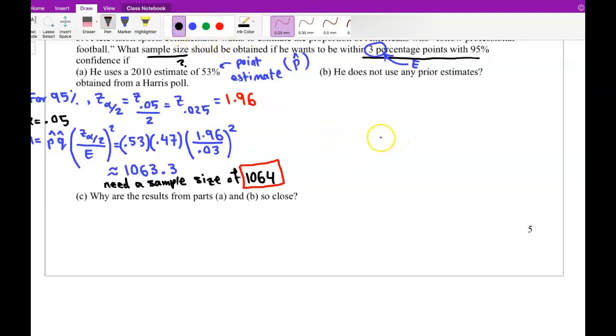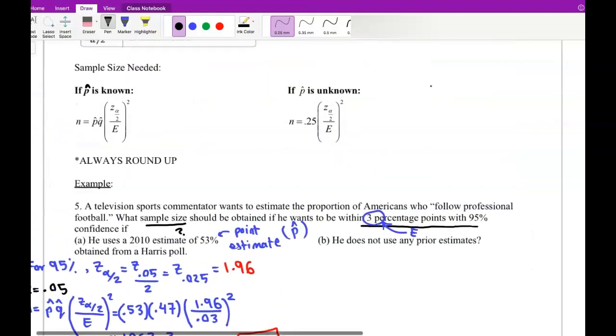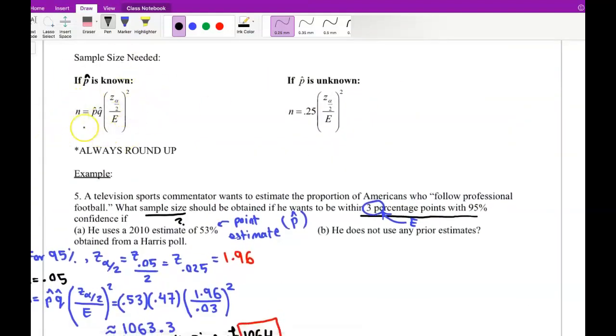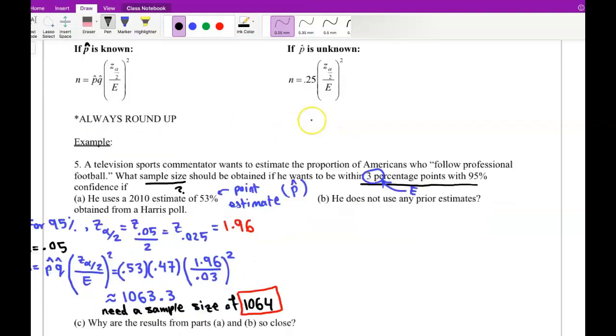Now part B, he doesn't use any prior estimate. On part A we had p hat, but on part B we don't have p hat. What that means, instead of using this formula to find n, we need to use this one. We don't have any information about p hat, q hat, so instead we're using 0.25.